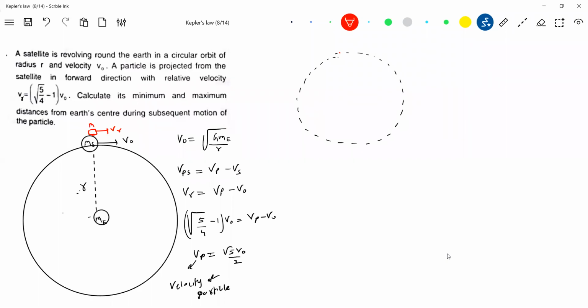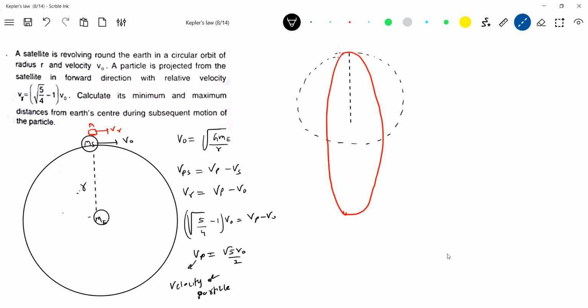I can give only a rough diagram. I'm not bothered about the satellite; the satellite will keep revolving here in its circular path.